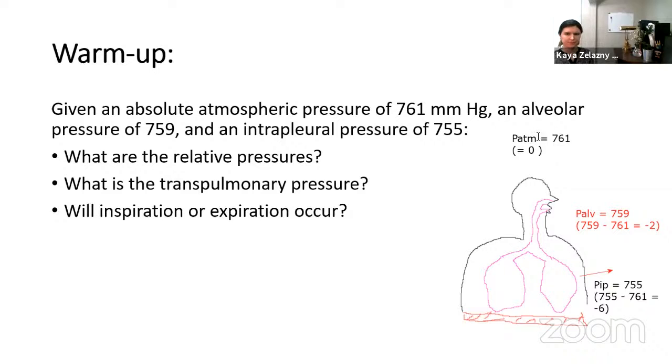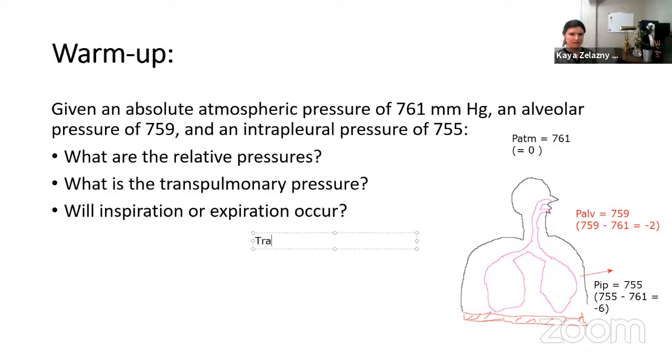Next question asks us what the transpulmonary pressure is. So our transpulmonary pressure, I'll start doing some math over here. Hopefully you guys are writing these on a fresh piece of paper, but I'm just gonna be scribbling in our margins.